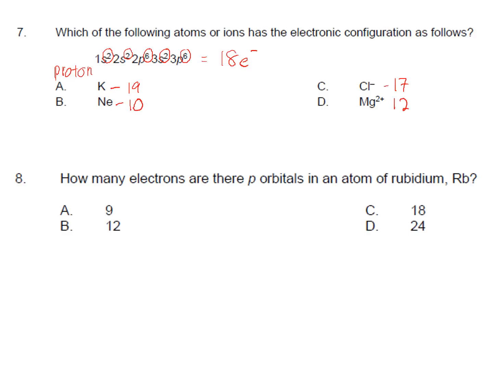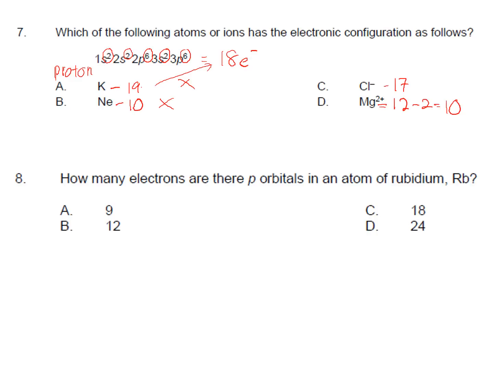So right now, look at the answer A. Is it ion or atom here? Okay, so it is atom, so no positive or negative charge. So 19 is not the same as the 18 given in the question. So the answer is wrong. Neon is neutral, 10, so wrong. Mg is 12, 2 plus, remove 2 electrons, become a cation, so it is 10.